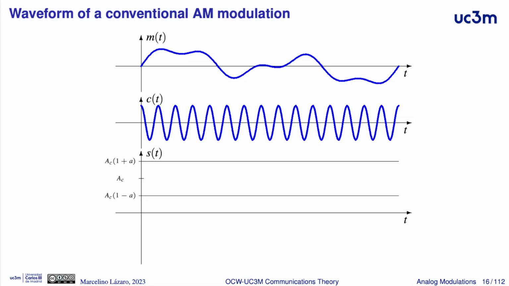Now, with the introduction of the modulation index, the range of the term that is multiplying the cosine is between the carrier amplitude times 1 plus A and the carrier amplitude times 1 minus A. That is always non-negative if A is lower or equal than 1.